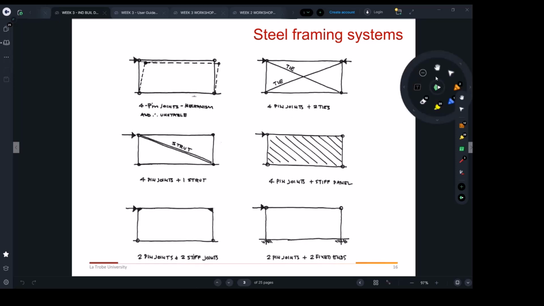Just tell me first column, middle row, or the left column, middle row, or top row, or lower row, or the right column, etc. Can you just think with me about this? Again, which frame, from what I've been talking to you about, is actually a portal frame based on what we talked about last week?